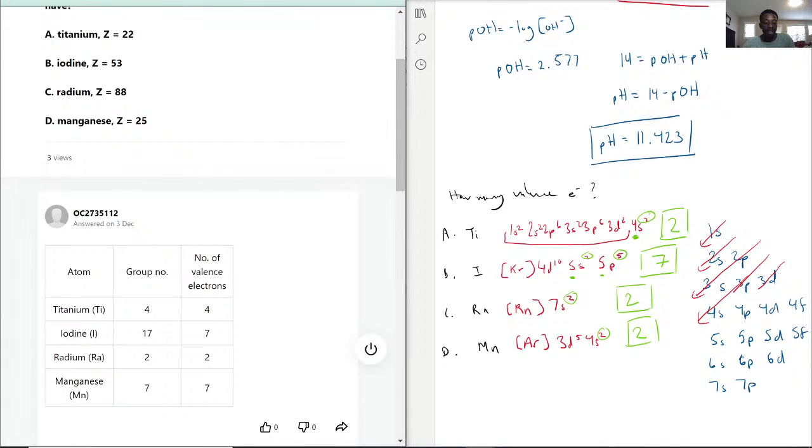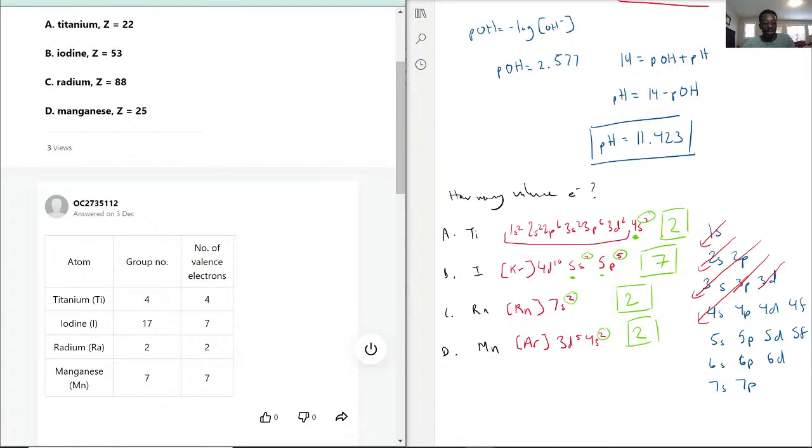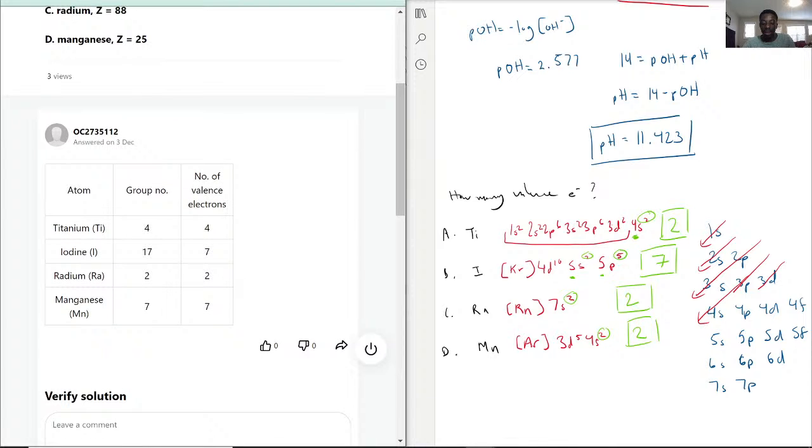So with that being said, they kind of just went through where it was in the group, and close but no dice, because manganese in this case would not have 7 valence electrons, it will only have 2.